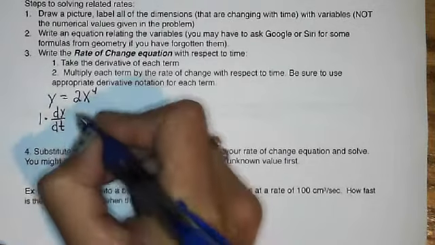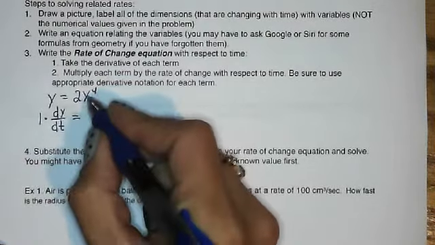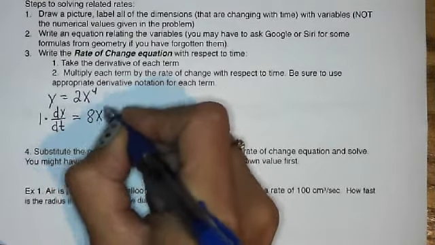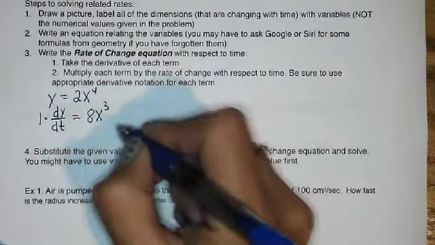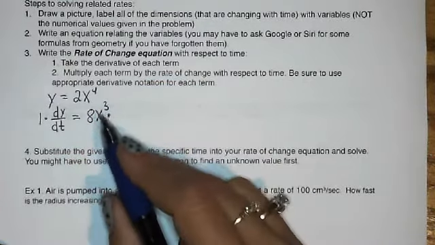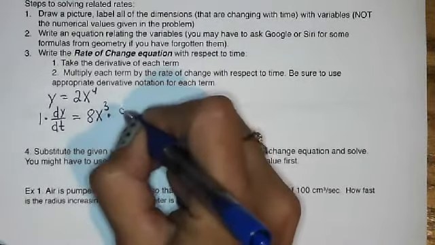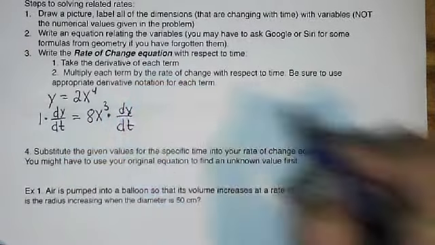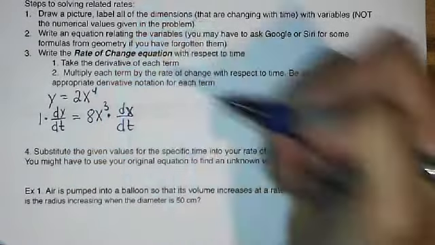So dy over dt equals, now we do the derivative here, that's just going to be 8x cubed. Normal derivative, but now we've got to multiply by the change in x with respect to time. That would be dx dt.